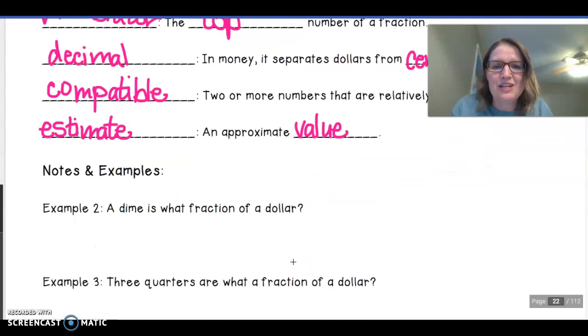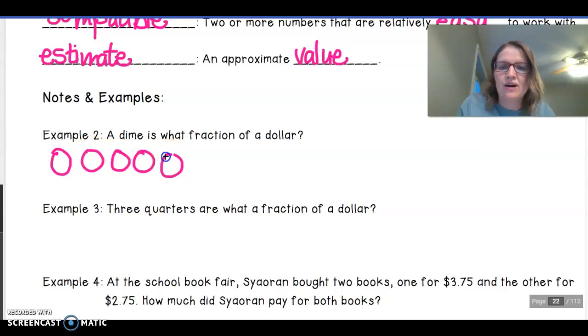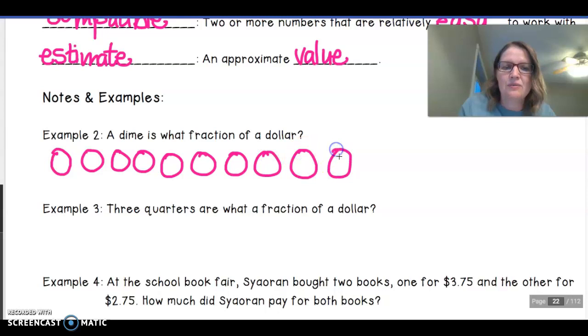Okay, let's get down to some nitty gritty. A dime is a fraction of what? Of a dollar. The way I'm going to do this is I'm going to just draw 10 dimes. 1, 2, 3, 4, 5, 6, 7, 8, 9, 10. And I'm going to color in this one.